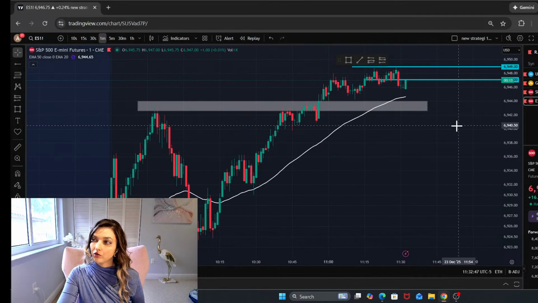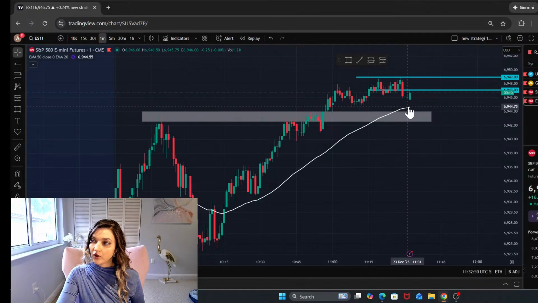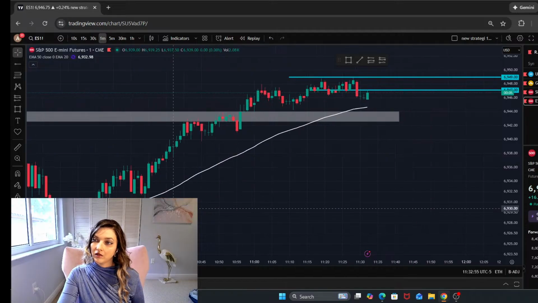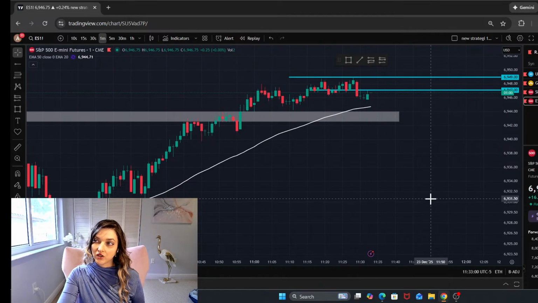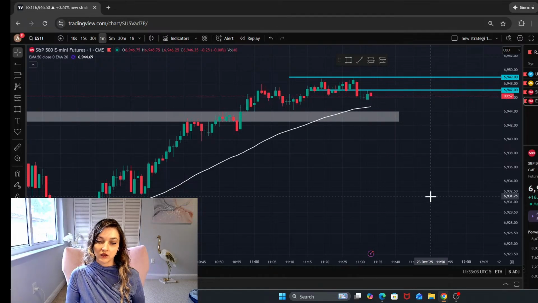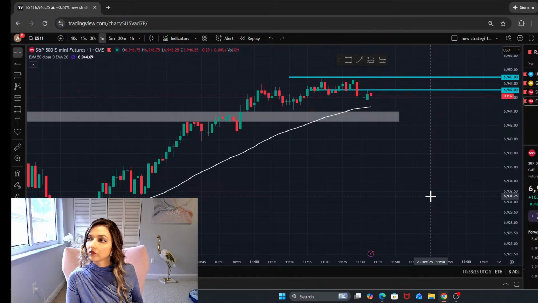In order for me to go short on ES, I need a break of this area and the EMA. Because you can see here, it rejected the EMA nicely, so let's see when it touches it again how it's going to act.